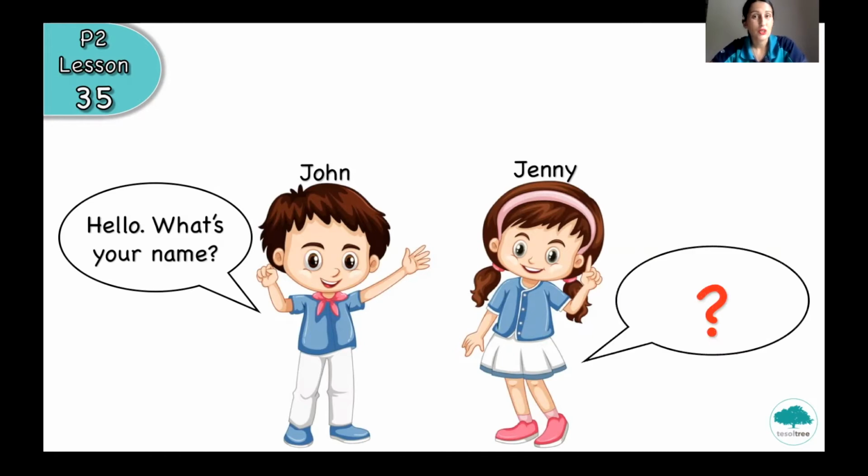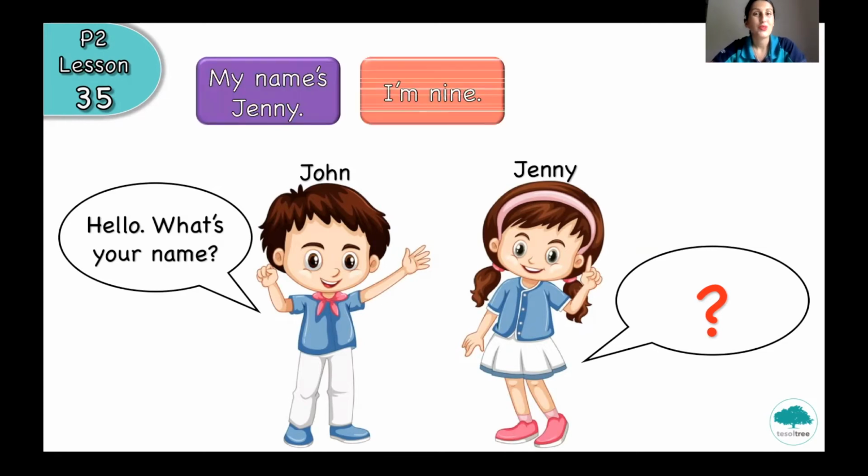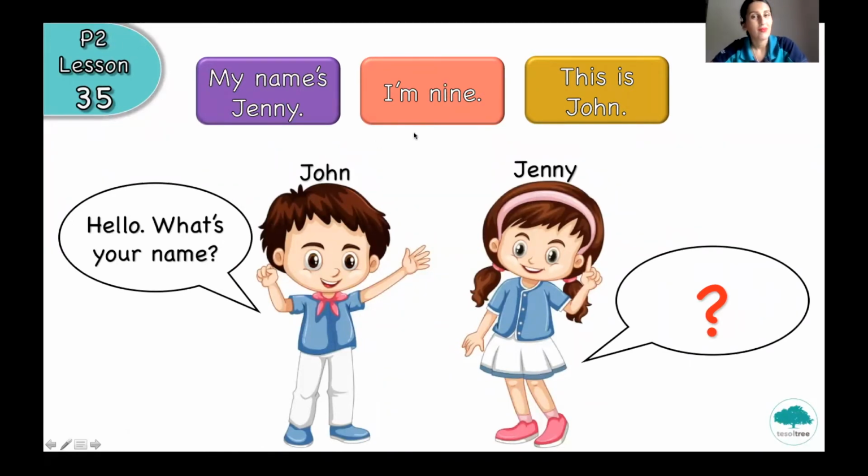Then Jenny should answer something. I want you to look at these sentences and choose the correct answer for Jenny. Let's read these sentences. The first one, my name's Jenny. The second, I am 9. And the third, this is John. So let's think, P2. Which answer will be the correct?